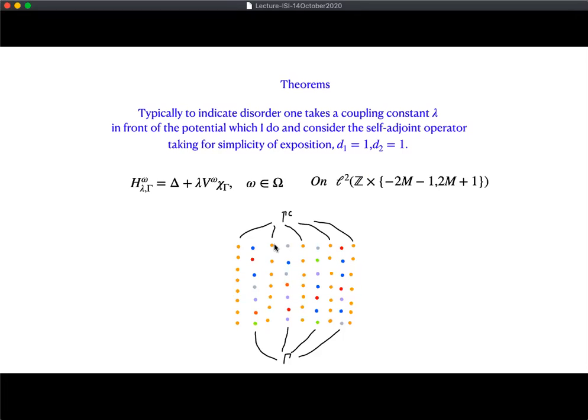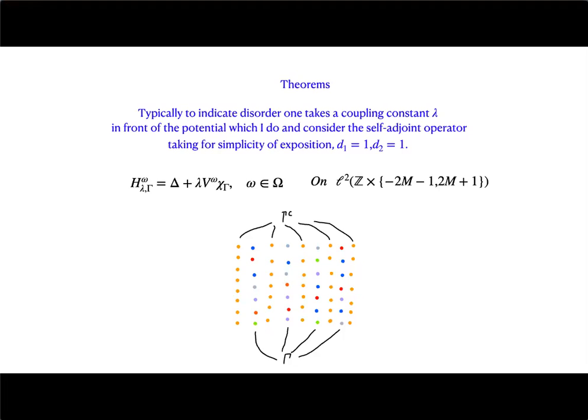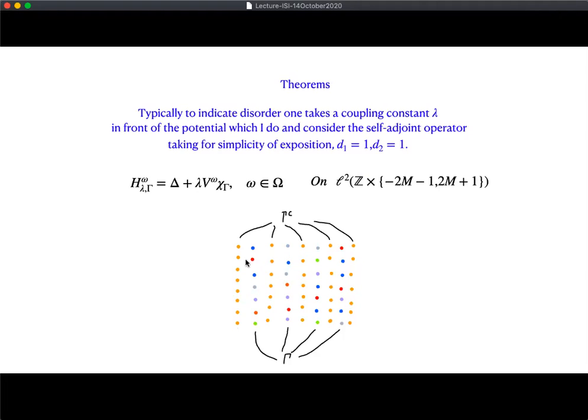So typically the intuition behind the reason why for large lambda you only have point spectrum is this. Think of this as the two-dimensional lattice on which, for the moment forget gamma and gamma complement, suppose the potential is present everywhere and lambda is large. The potential could be positive and negative because of the different types of atoms. So somewhere you may have a large spike here and something smaller.